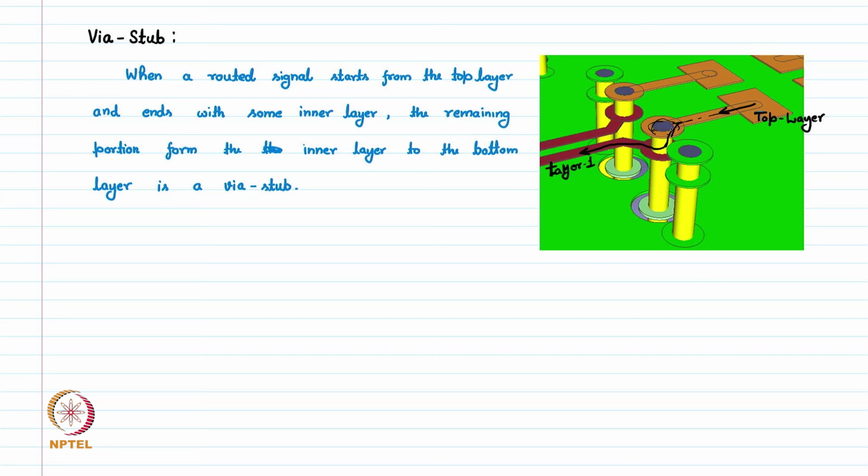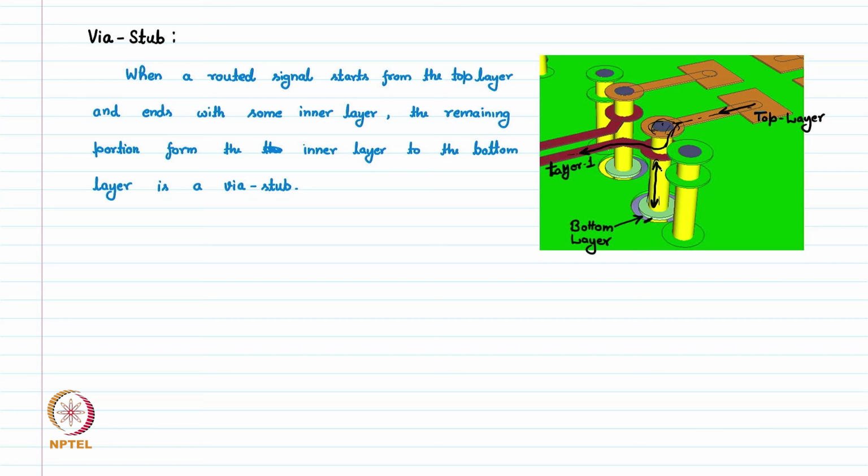However, when we make these holes, this is a through hole from the top layer all the way to the bottom layer in the whole PCB. So this is, let's say, our bottom layer. This extra piece of metal or extra piece of via is unused here, the signal only needs to go from top layer to this layer 1.